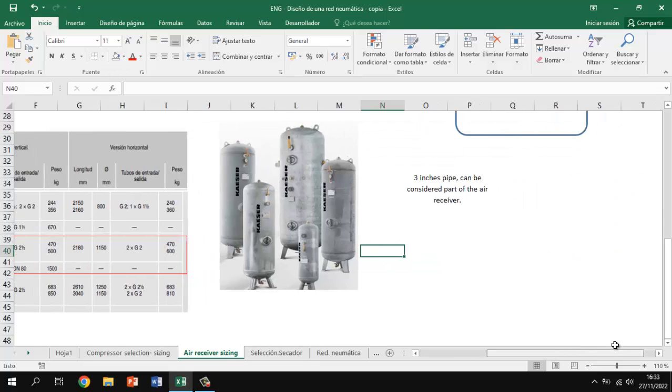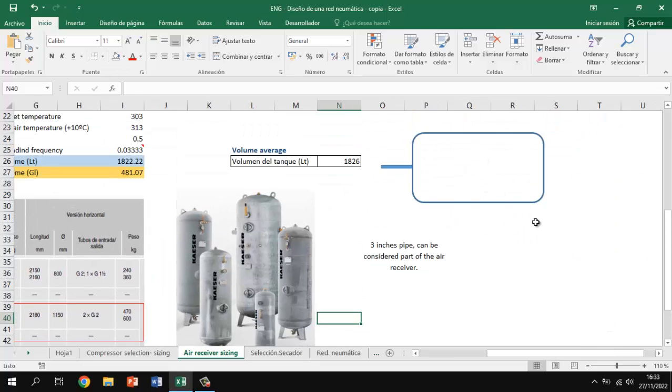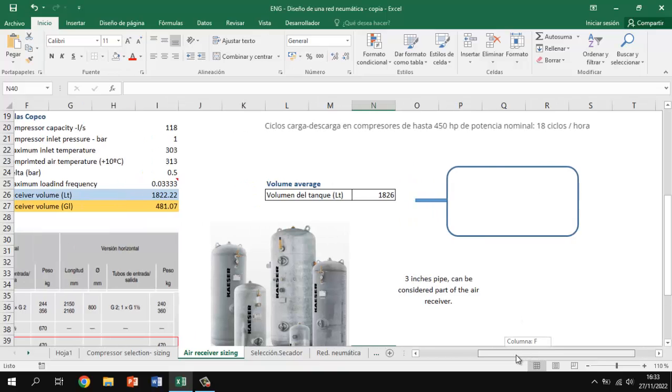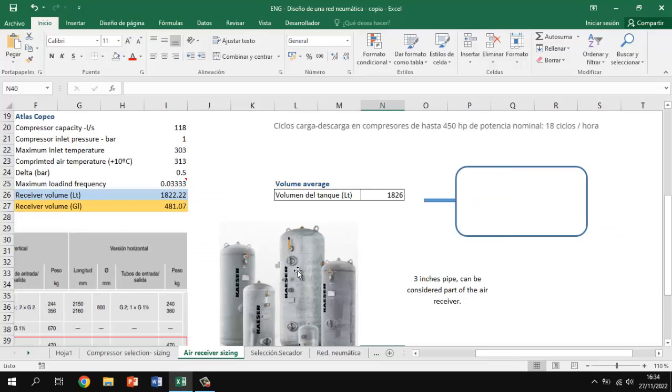Something that you need to know is that when you have your pneumatic pipe, about 3 inches, the pipe can be considered part of the air receiver. What does it mean? You could use your piping installation like another air receiver, like one more in addition to the original.